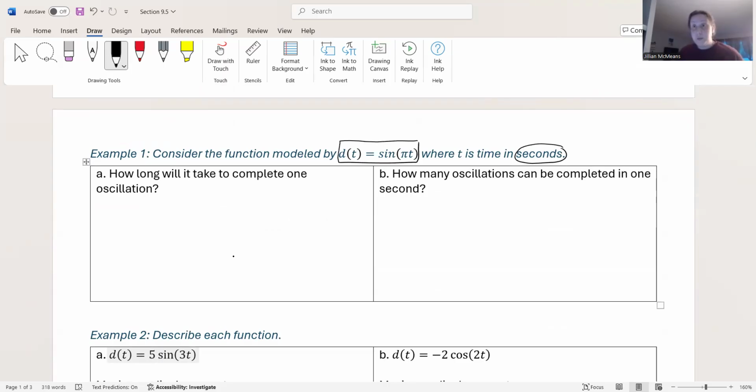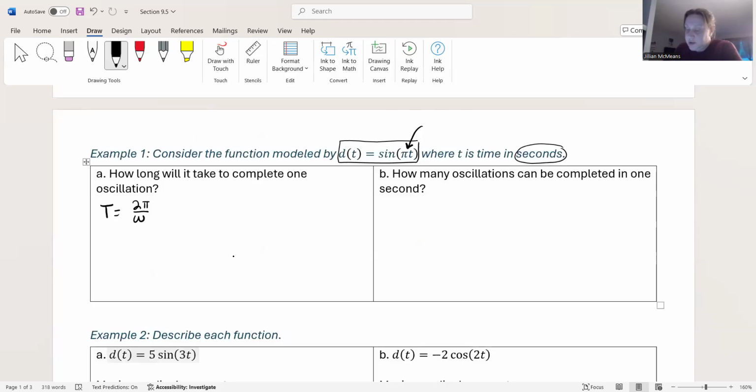Well, we need to figure out what the period is, okay? And remember the period, if you're Jillian, use capital T, if you're real fancy, you use tau, okay? But we take the natural period of, in this case, sine, which is 2 pi. We want to divide it by omega. Well, omega is whatever you're multiplying t by in the argument.